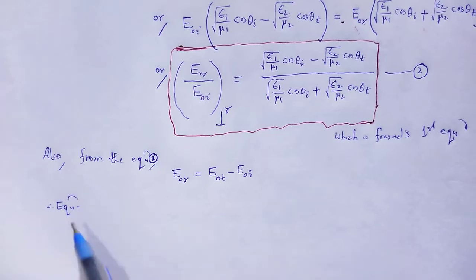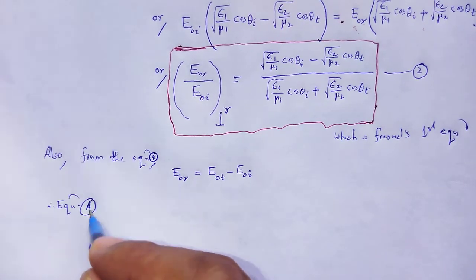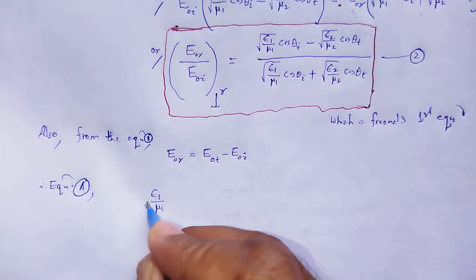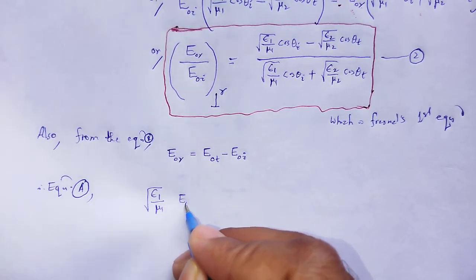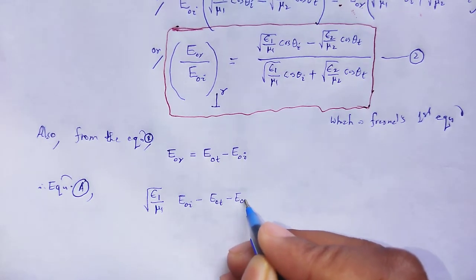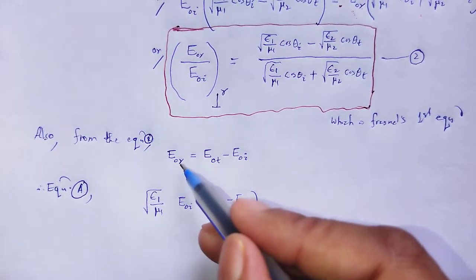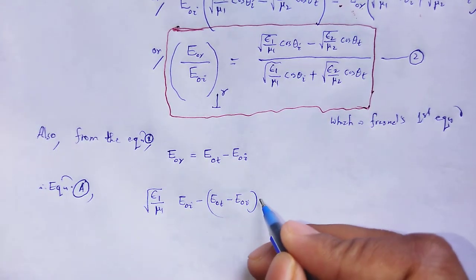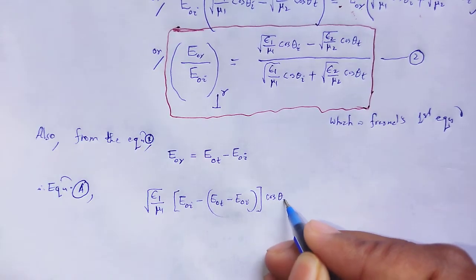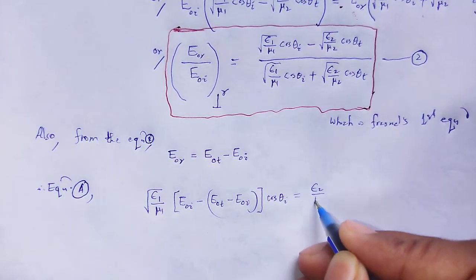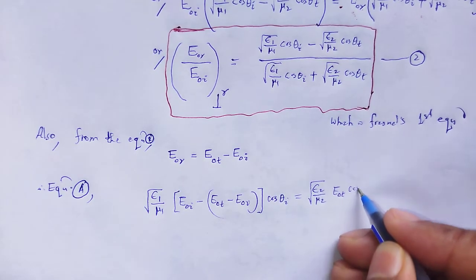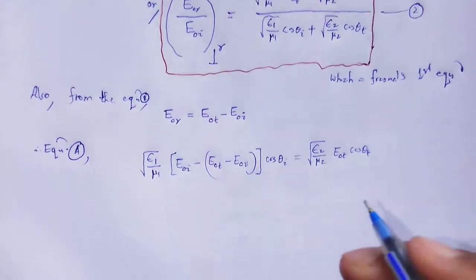So, we obtained in equation A: square root of epsilon 1 mu 1 (E0I minus E0T) cos theta I is equal to square root of epsilon 2 mu 2 E0T cos theta t.